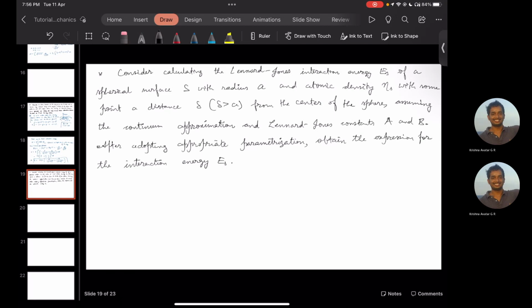Now, assuming the continuum approximation and Lennard-Jones constants A and B, and after adopting the appropriate parameterization, obtain the expression for the interaction energy, which is given by ES, isn't it? So let's start working on this.